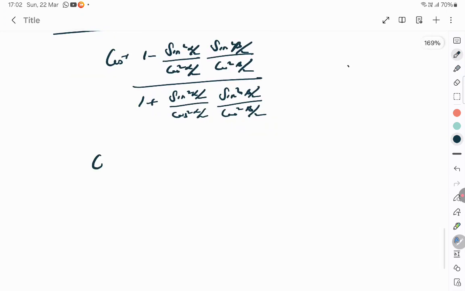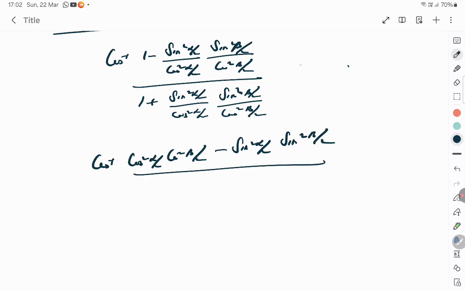So now it's cos inverse, and we take LCM, we get cos square alpha by 2 cos square beta by 2 minus sin square alpha by 2 into sin square beta by 2 by, let's cancel off the denominators of the numerator and the denominator, which is both cos square alpha by 2 cos square beta by 2.